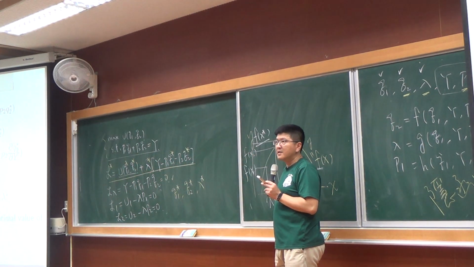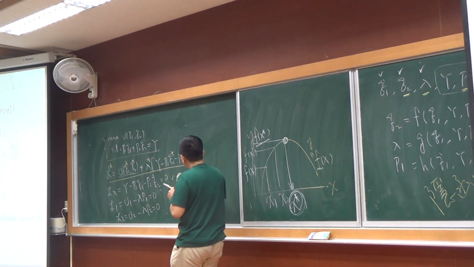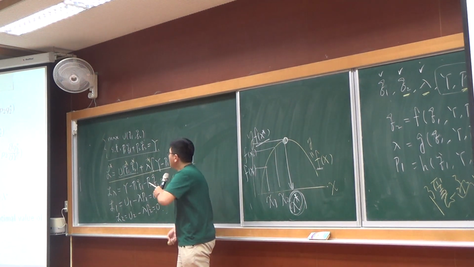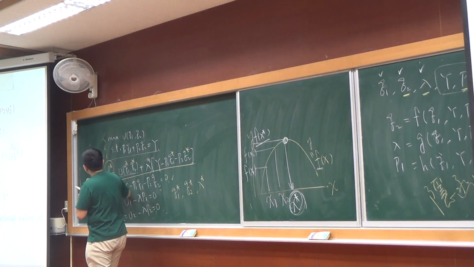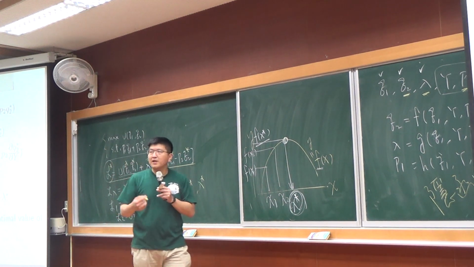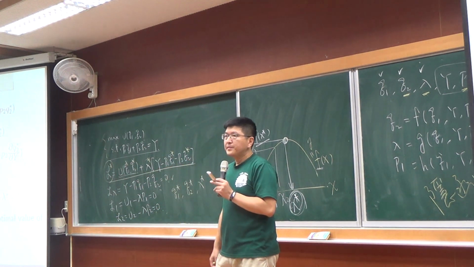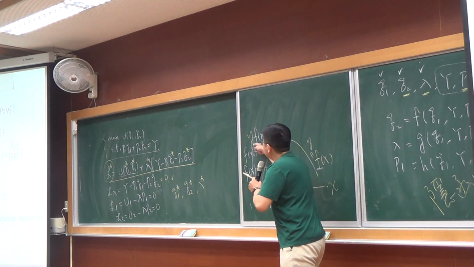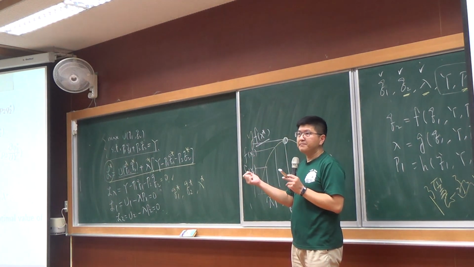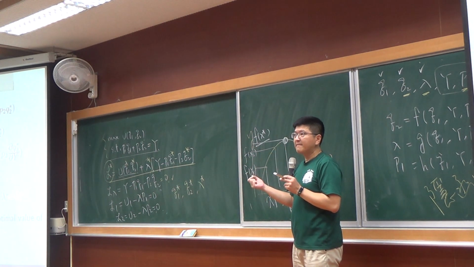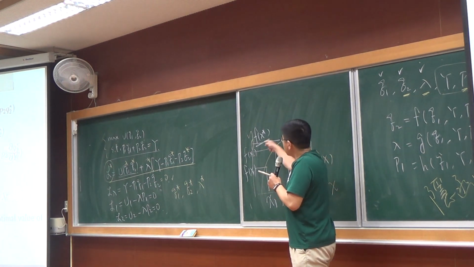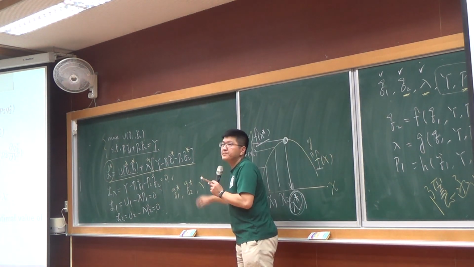Is that okay? So now, when we do this, we would have the stationary value of the Lagrangian. And the stationary value is the maximum. Okay? So now you know it is the maximum.